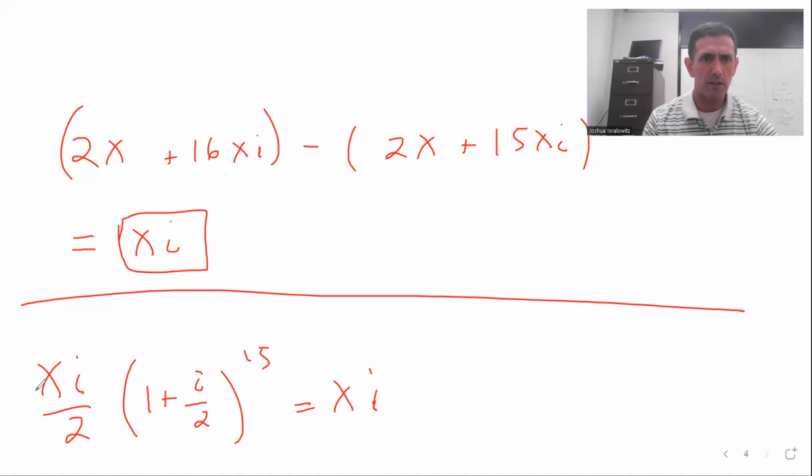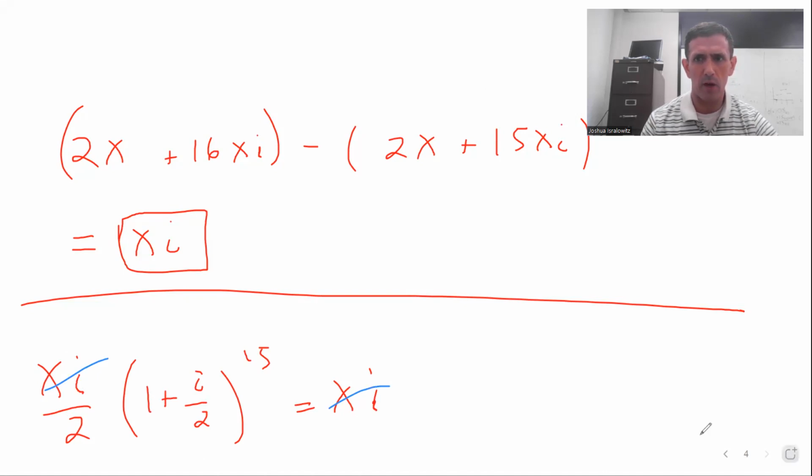Right, so you cancel the xi's on both sides. And what I want to do is bring the 2 over, so this just becomes a 1. So what do I have?